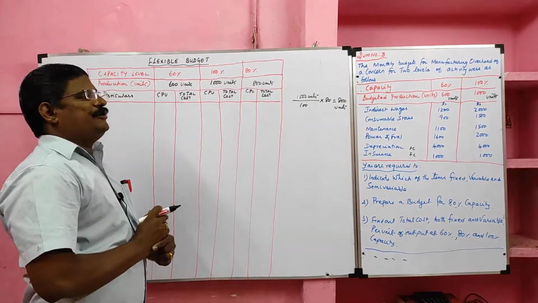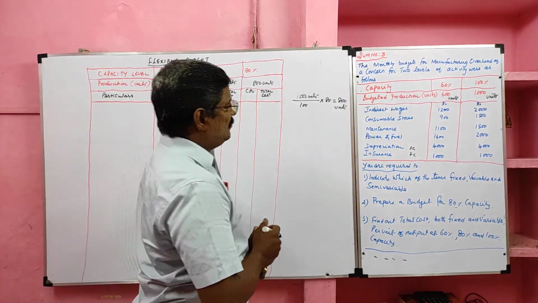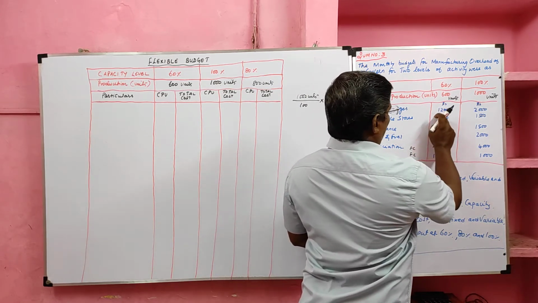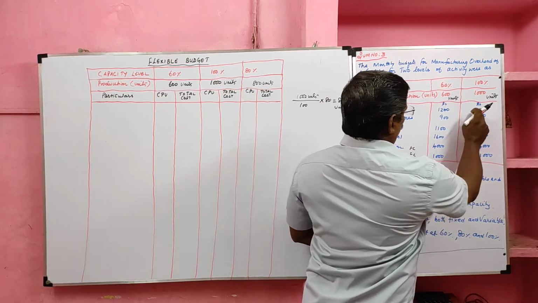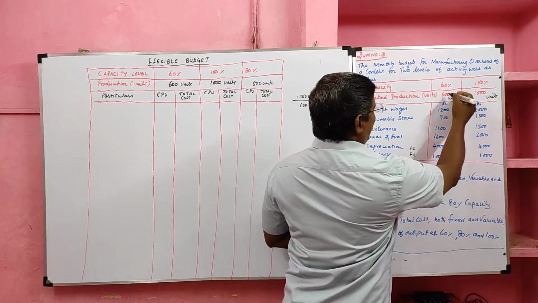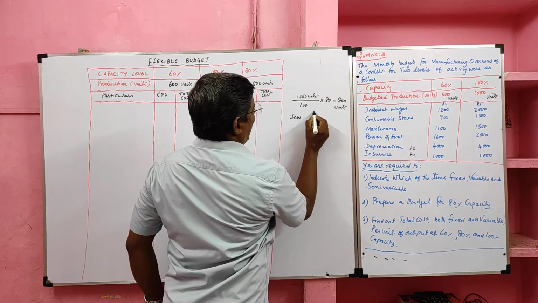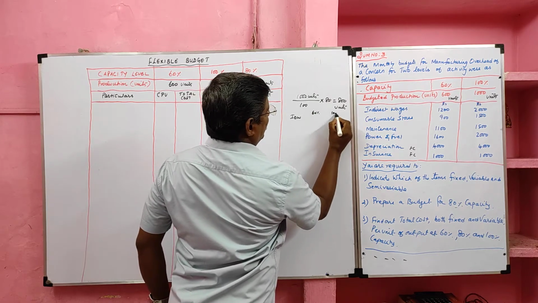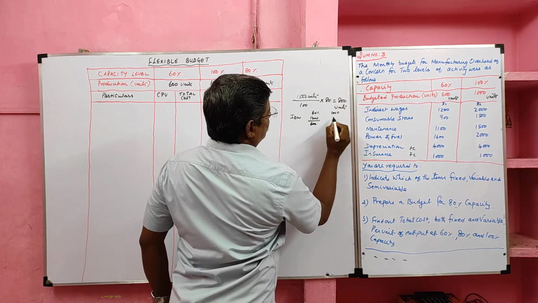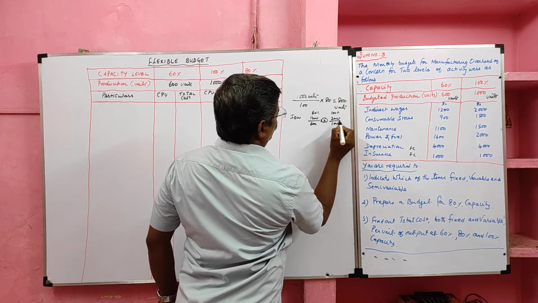Now I am going to show how to indicate variable, semi-variable and fixed cost. Look at the problem. Indirect wages: 1200 for 600 units, 2000 rupees for 1000 units. What we have to do? 1200 divided by 600, 2000 rupees divided by 1000 units.